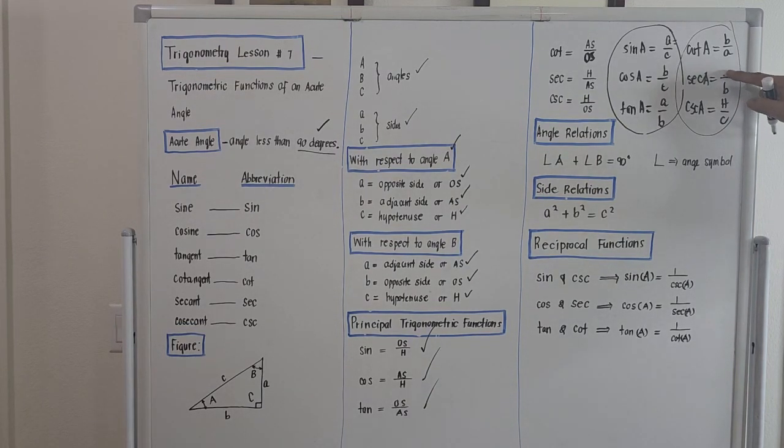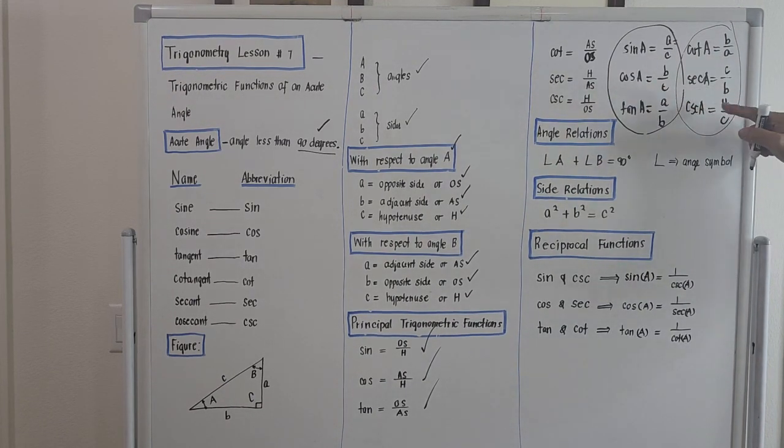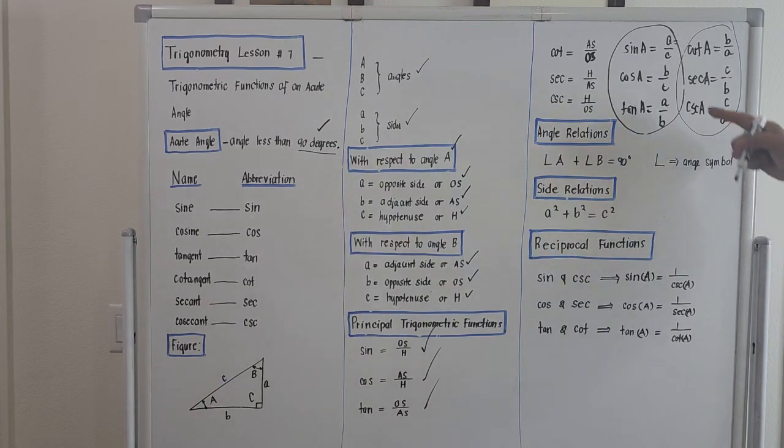For secant, this is hypotenuse, this should be C over B. It's the reverse of this. And for cosecant, it should be the reverse of this, hypotenuse over A. Sine and cosecant are reciprocal.